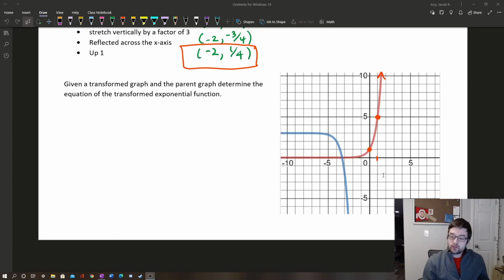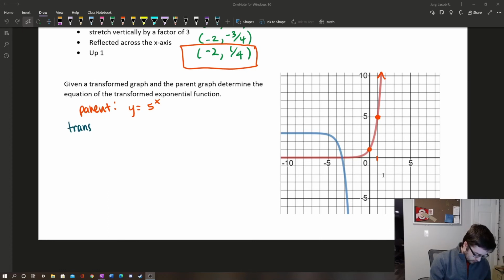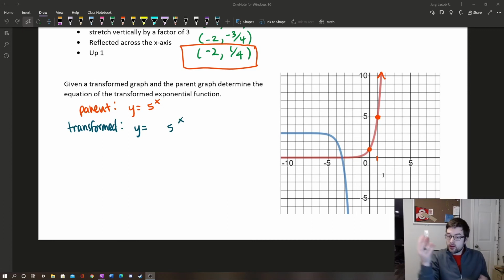So if we're going through 0, 1 and 1, 5, that means our parent is going to be y equals 5 to the x. And the transformed one is going to be something y equals 5 to the x, and maybe it has a reflection in there, which it looks like it does.